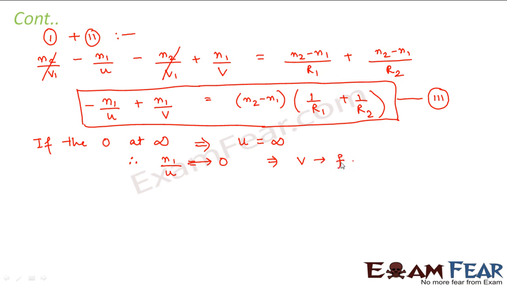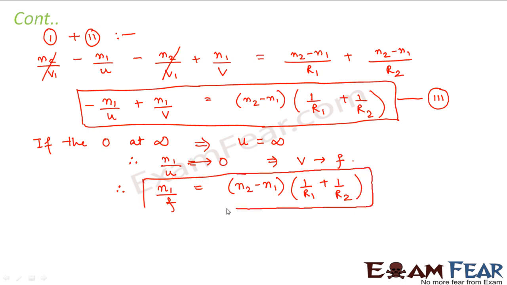So therefore, v will be equal to f. In that case, this equation will become n1 by f is equal to n2 minus n1 into 1 by R1 plus 1 by R2. This would be the expression when the object is at infinity. Let us call this equation 4.